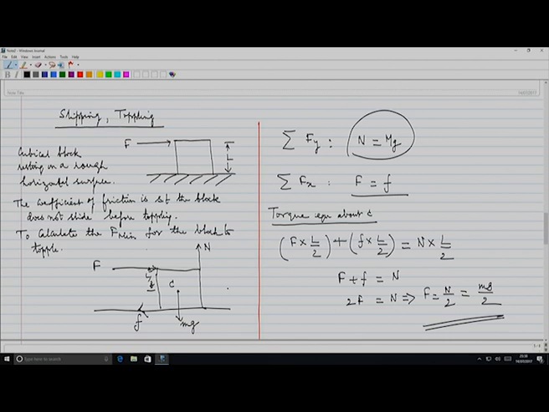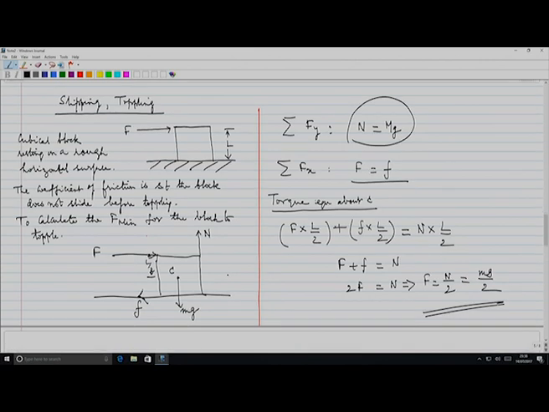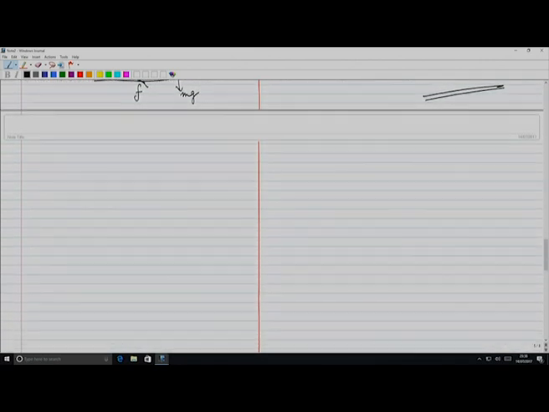There are essentially three forces: capital F, the horizontal force, little f, the frictional force, and N, the normal reaction. Take the torques and equate them and the problem is solved. In fact, it is amazing that the minimum force required is half of the weight of the body.